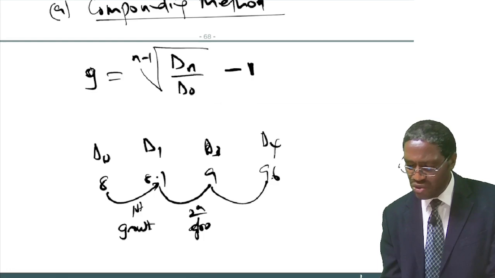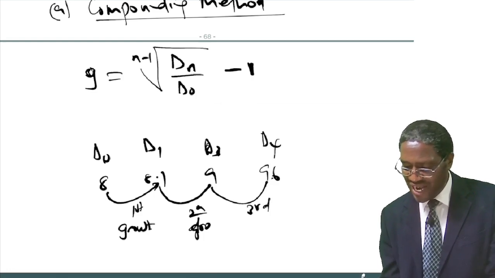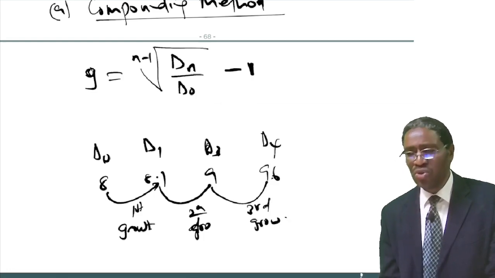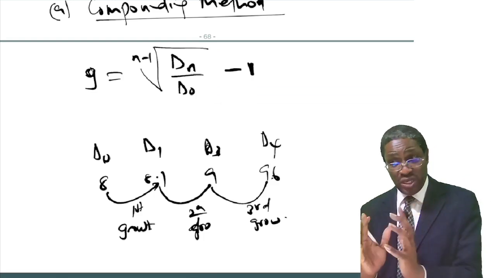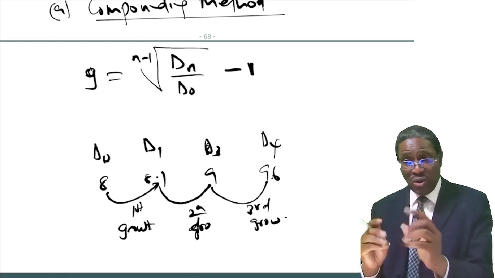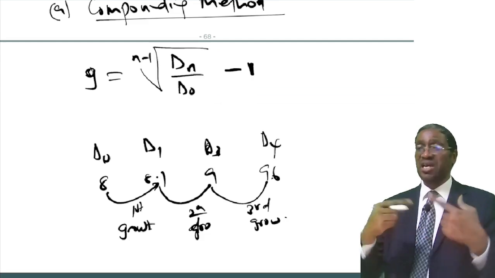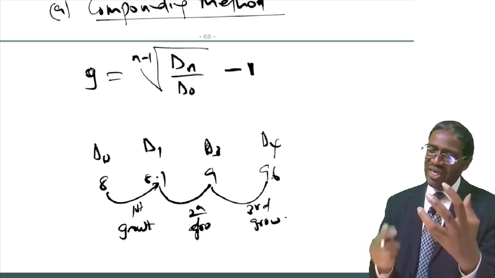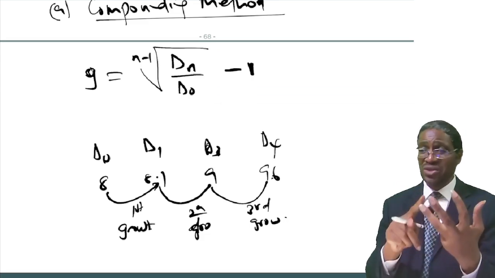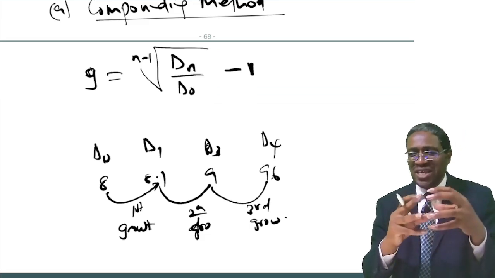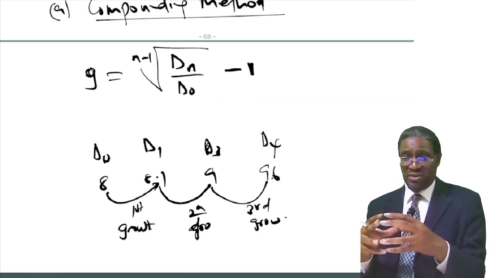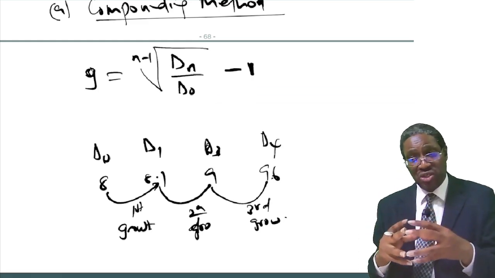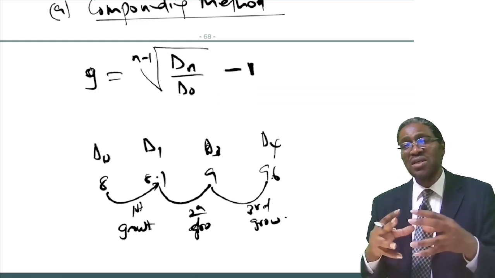Then from year 3 to year 4, that was the third growth. So though dividends were paid for 4 years, the dividends grew only 3 times. That's why in the formula it is N minus 1, so that you get how many growths there were. From this simple illustration, there were 3 growths.